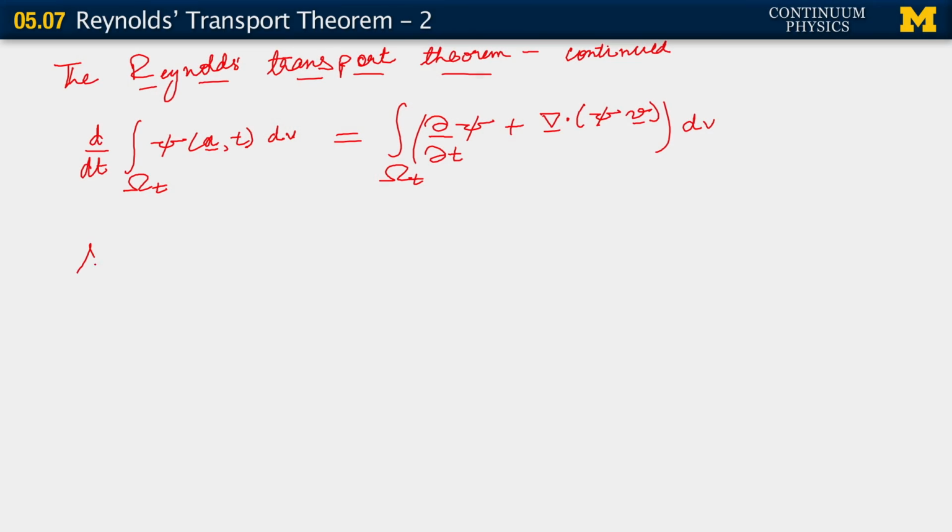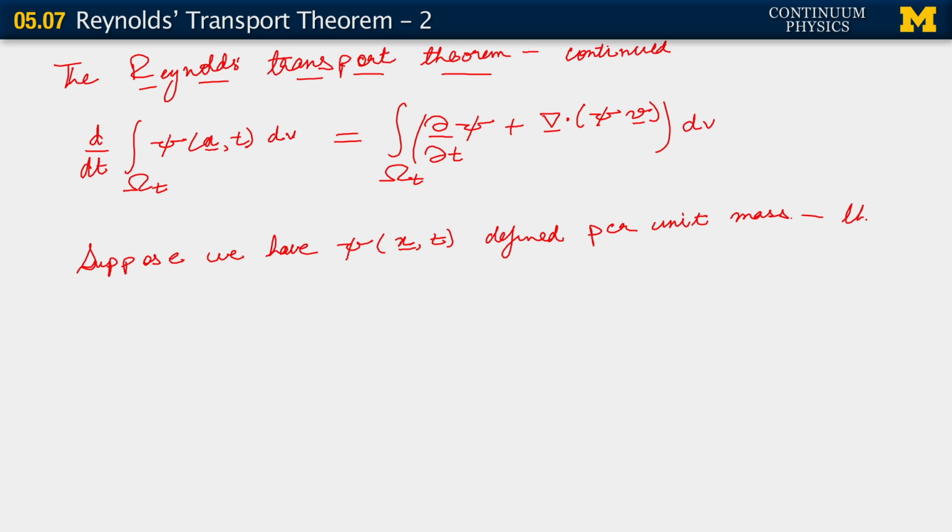So suppose we have psi defined per unit mass. Then the quantity we want to consider is the following.